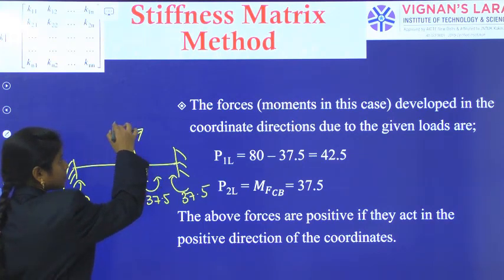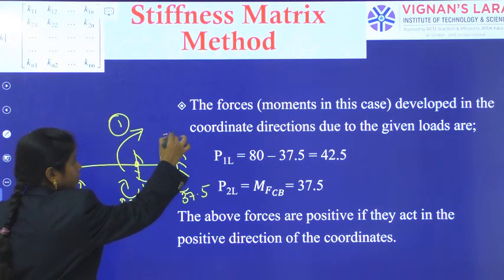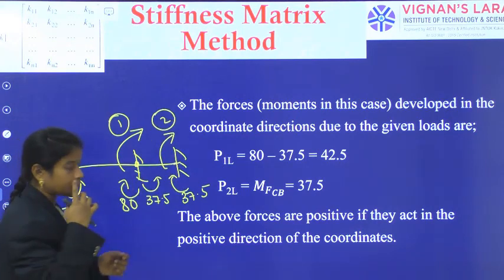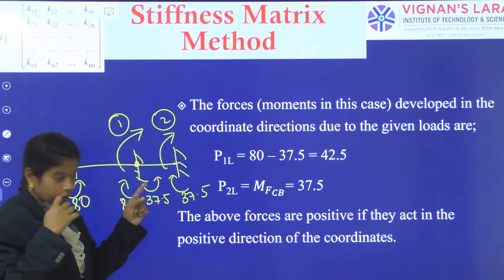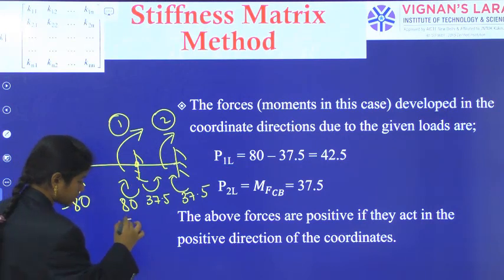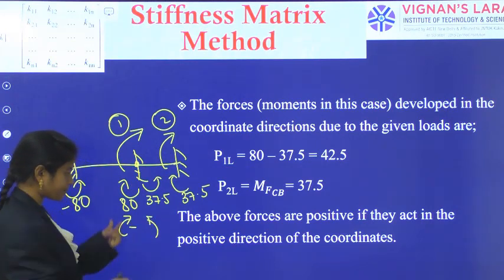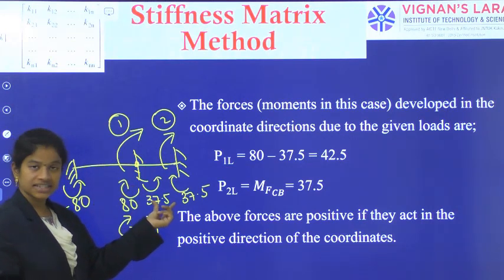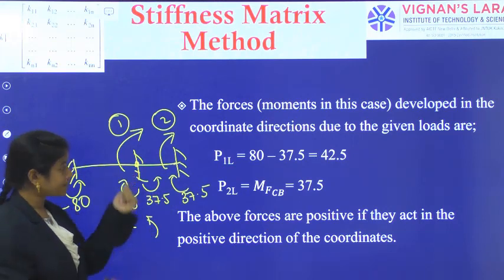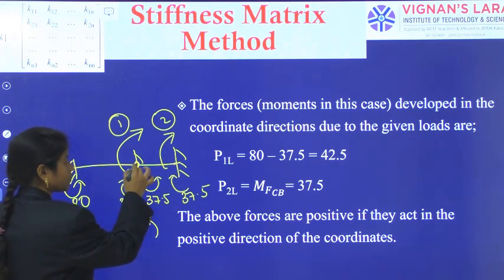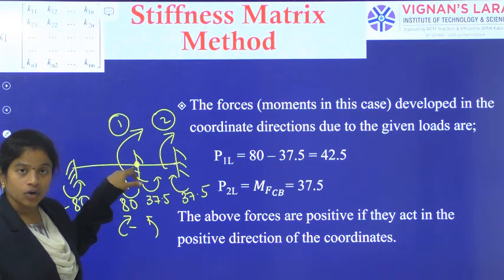This is coordinate 1, this is coordinate 2. So at coordinate 1, what is the force? This minus this, 80 minus 37.5. That is the final force developed at 1 due to the load.